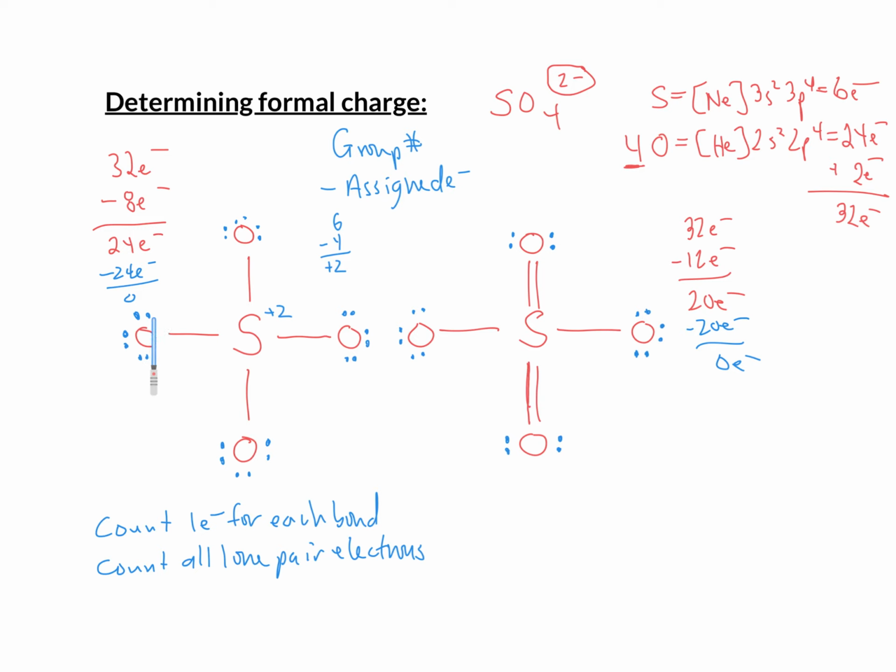We count all electrons that are lone pair, so 1, 2, 3, 4, 5, and 6, and we count 1 electron per bond. So there are 7 electrons assigned to each of these oxygens. Oxygen is group 6, and I've got 7 electrons assigned, so there's a -1 charge on all of these oxygens.